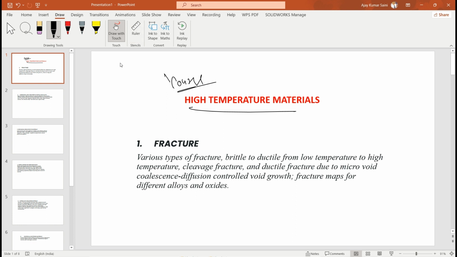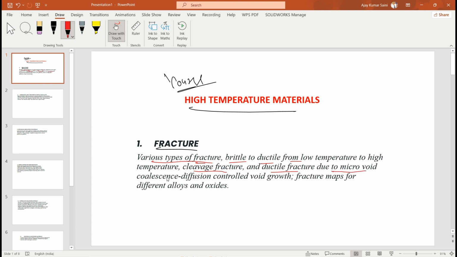Okay, so the first topic is factor. So you know about the factors. This is like our first chapter. So in this chapter I cover the various types of the factor. Okay, so this is first. And this is the ductile to brittle, from low temperature to high temperature. Okay, and the cleavage fracture and ductile fracture due to the microvoid.